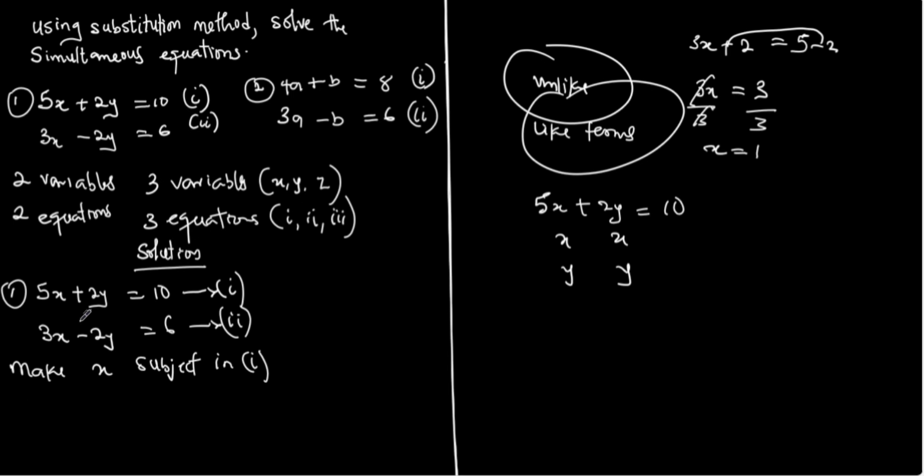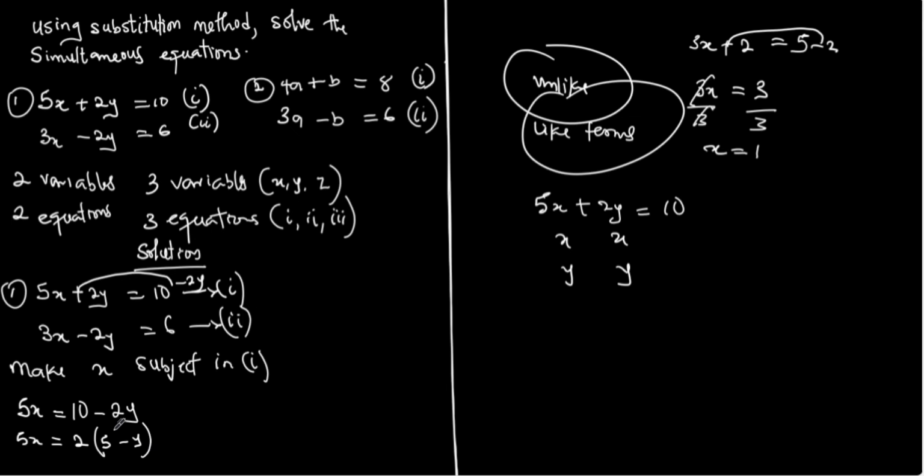That means that everything that does not have x goes to the other side. So I'll have 5x equals 10 plus 2y crosses, it becomes minus 2y. So we have minus 2y, right? So we can then say 5x is equal to, of course, 2 is common, 2 times 5 minus y.